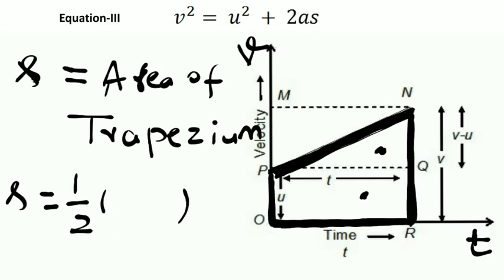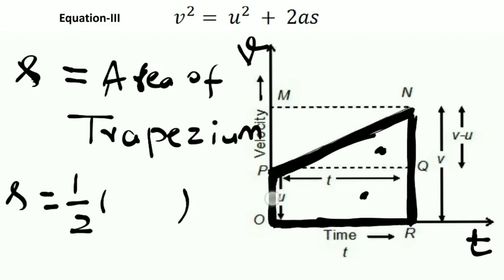A trapezium has four sides: 1, 2, 3, 4. These two sides are not parallel, but these two sides are parallel.